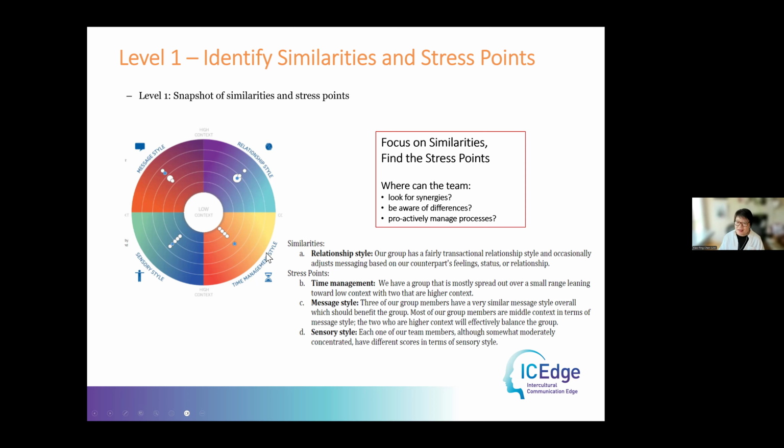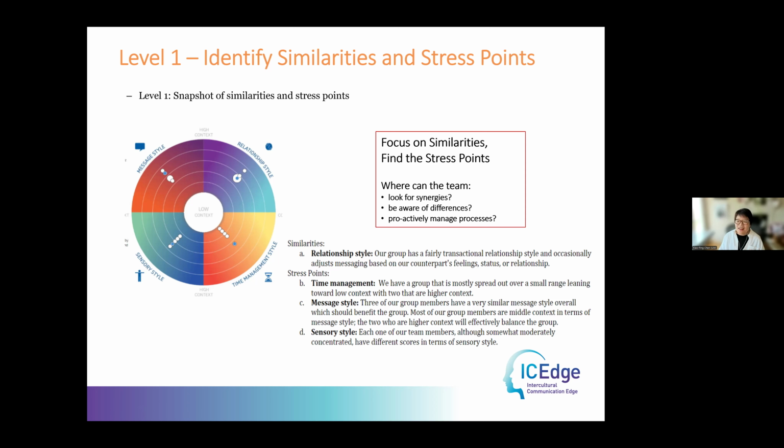They identified that their similarity is here on the relationship style, and they have a description here. And then the stress points are on all these 3 domains of context, communication context. They're all quite different. So this is their description in terms of time management style.